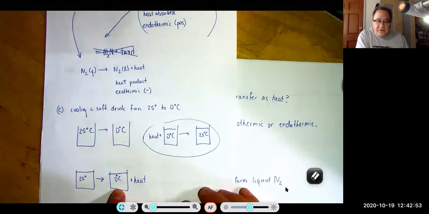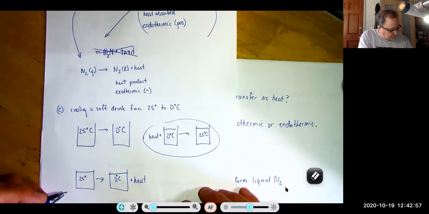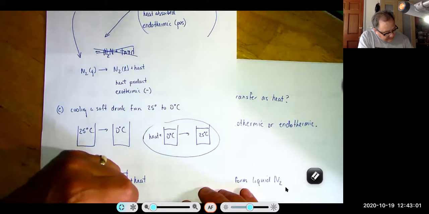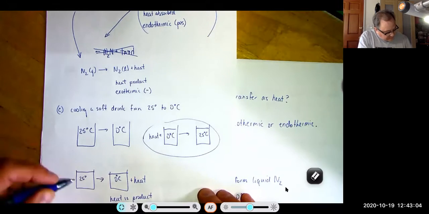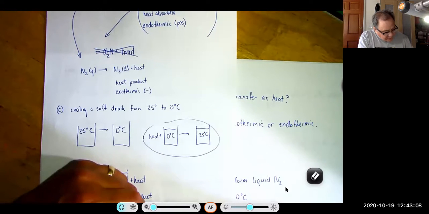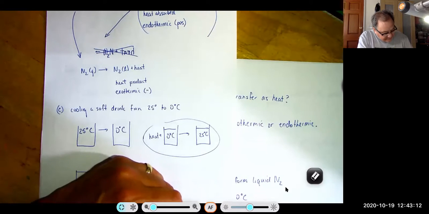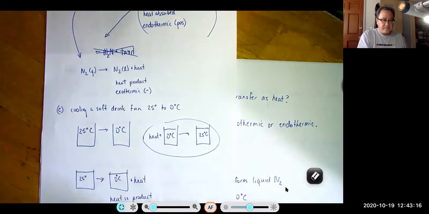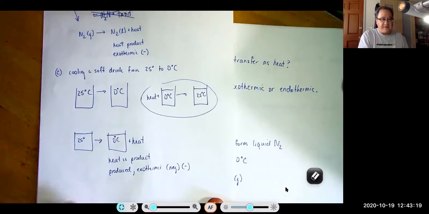That's why refrigerators always make your room warmer. Okay, so here, heat is a product. It's produced. It's exothermic. And that has a negative value.